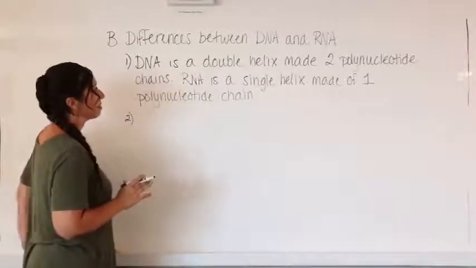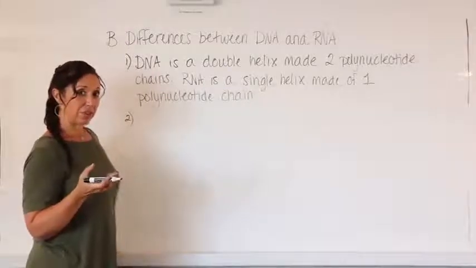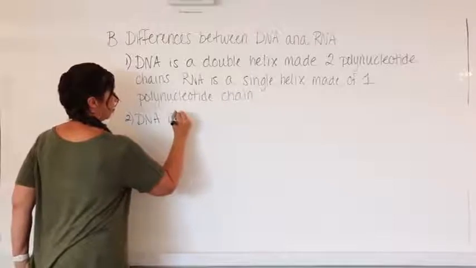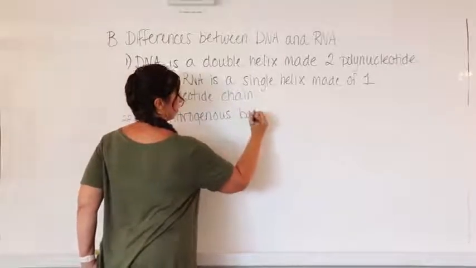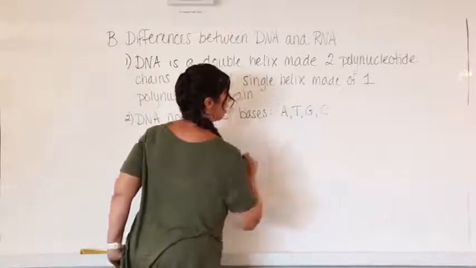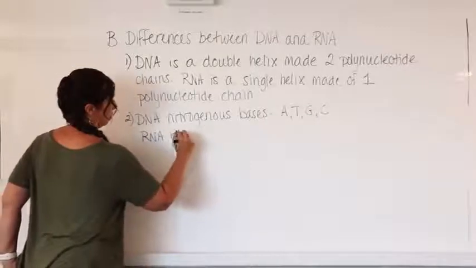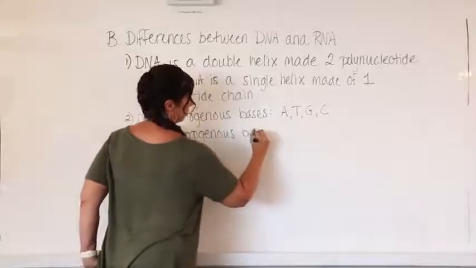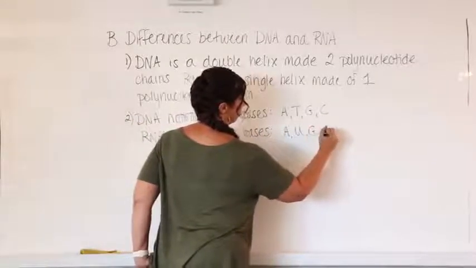For the bases, DNA uses the bases A, T, G, or C. So DNA nitrogenous bases are A, T, G, or C. And RNA nitrogenous bases are A, U, G, or C.